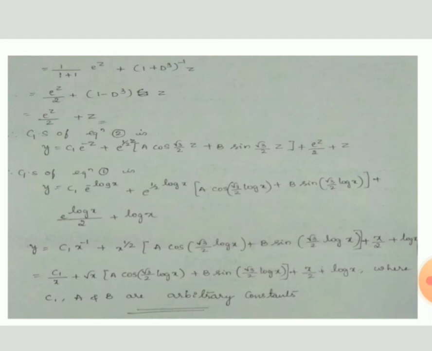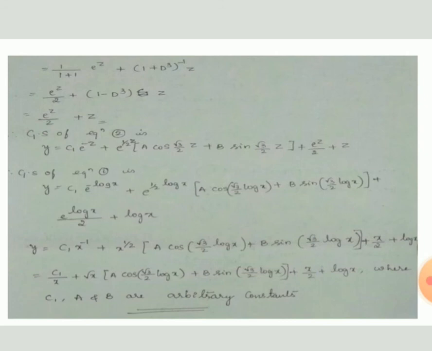For the second term it will be 1 plus D cubed power 2, so D cubed squared, that is D power 6 we will get. For that z will be 0, that's why we don't want to consider the higher orders. So I will consider the first order only. So now e power z divided by 2 plus 1 into z is z, minus the third derivative, which is again 0. So that is the particular integral of equation number 2.